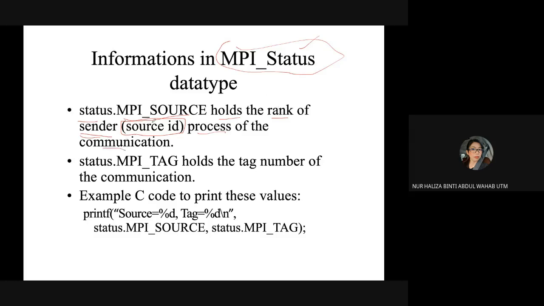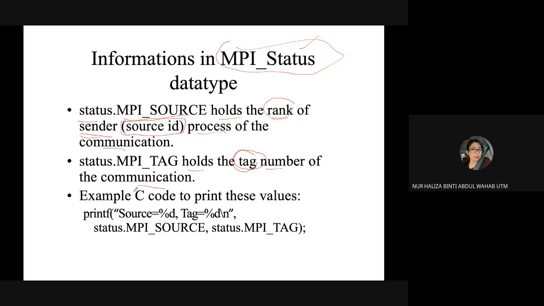So if you have status.MPI_SOURCE, you can see the rank or the source ID of your sender. Under status again, status.MPI_TAG holds the tag. For source, you hold the rank, but this one is holding the tag number of the communication.